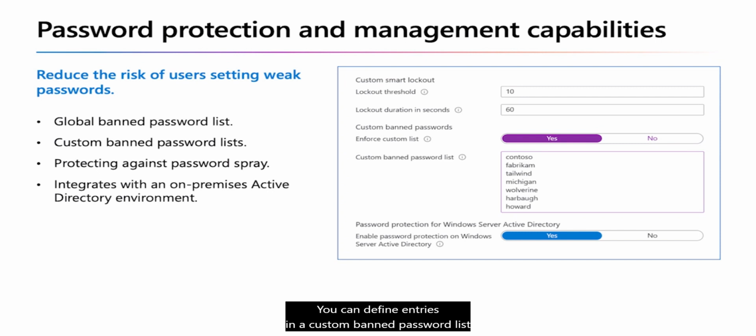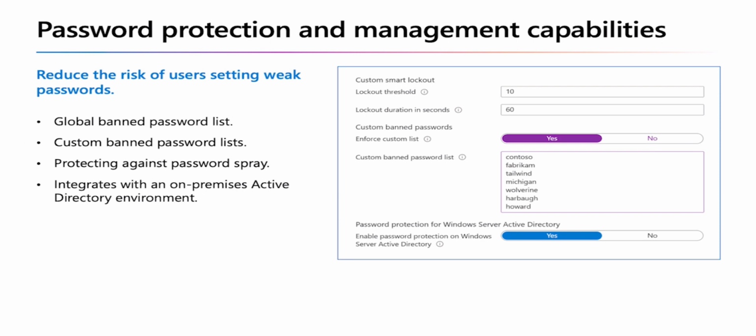You can define entries in a custom banned password list to add organization-specific terms such as your brand name or product names. When users change or reset their passwords, these lists are checked to enforce the use of strong passwords.